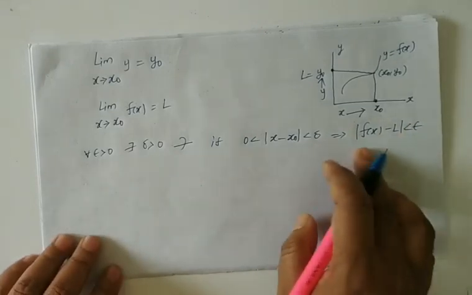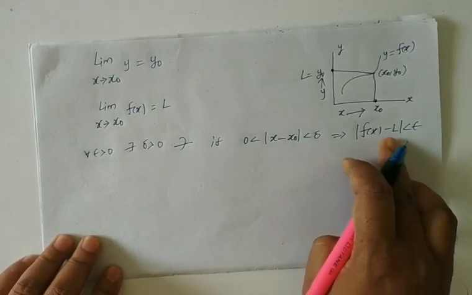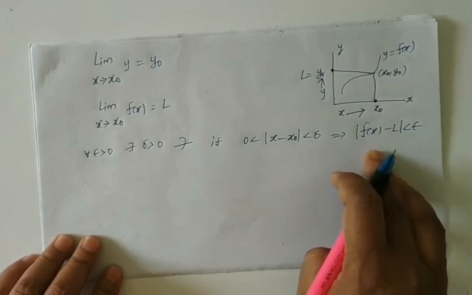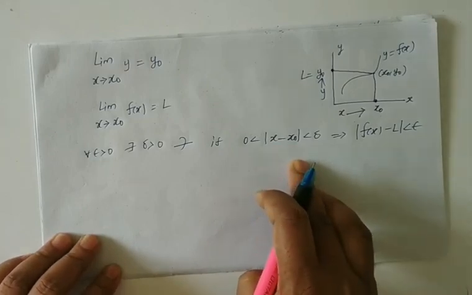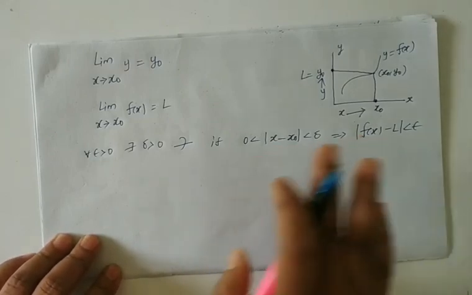Then we can say that the number L is the limit of the function f of x as x approaches x naught. Already we know that. So just remember the definition, don't worry.